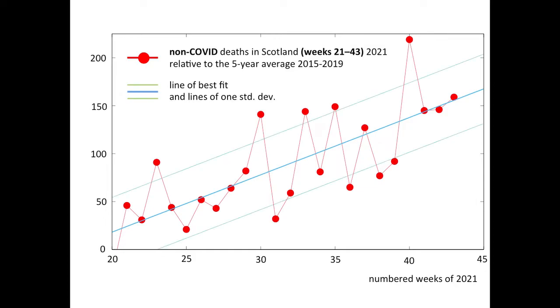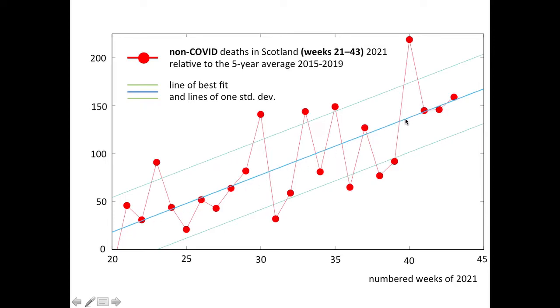So the first thing I've done here, I've put two very faint lines, and these are what are called standard deviations. I won't go into the technical details of that, but this is really just a very simple measure to tell you how big are the variations. And you see this band gives you a pretty good sense of how much the data varies about this straight line.